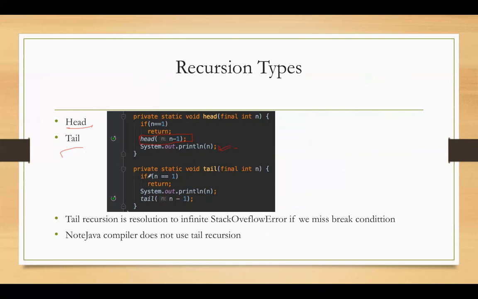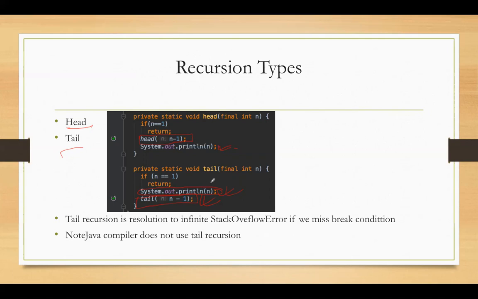And if the recursion is happening at the very end of the program, then it's called tail recursion. As you can see, some work like printing to the console we are doing prior to the recursion.